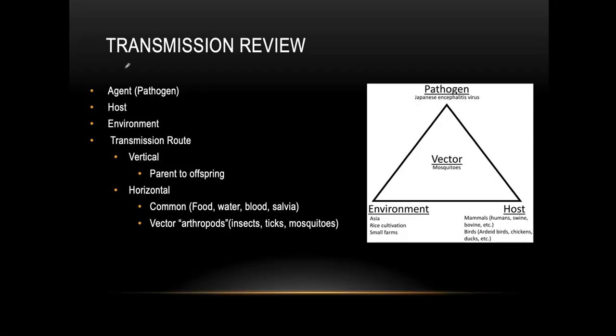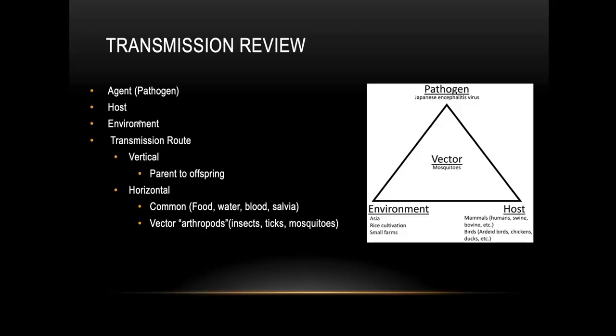So the antigen or the agent or the pathogen is a virus or a bacteria or something that is basically trying to get into a host, which is usually a human, or it could be an animal, or it could be an insect. The environment really speaks to the environment that is conducive for this virus or this bacteria to actually spread throughout the community.